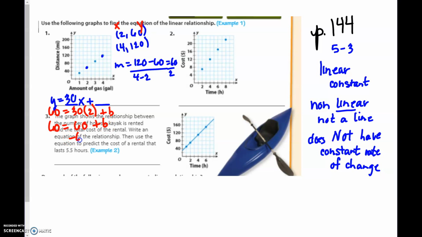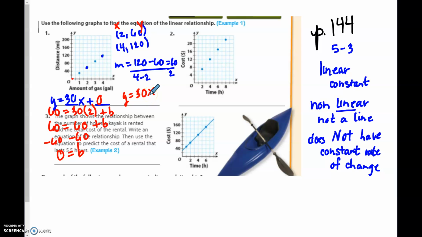I'm going to subtract 60 from both sides, and 60 minus 60 is 0. So my y-intercept is 0. If we keep the pattern going, isn't it going to go right through the origin? So this is proportional. It is linear because it's a straight line and has a constant rate of change. We can write this equation as just y equals 30x.